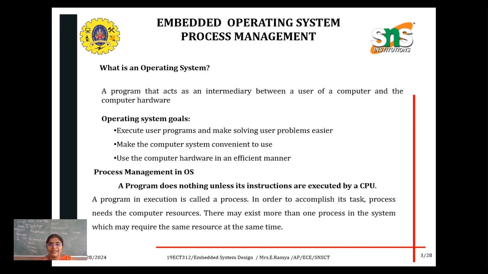What is an operating system? A program that acts as an intermediary between a user of a computer and the computer hardware. So it is nothing but a program, and it acts as an intermediary. Operating system goals: what are the functions of the OS?